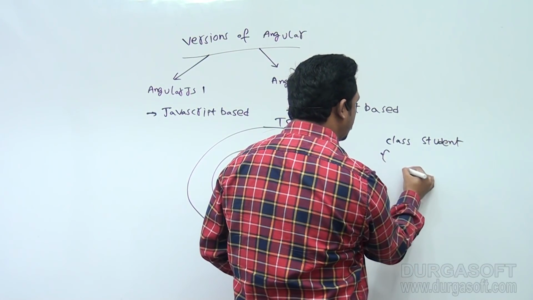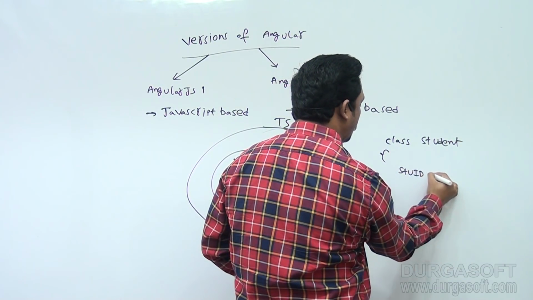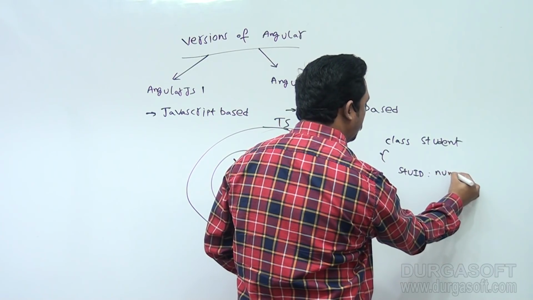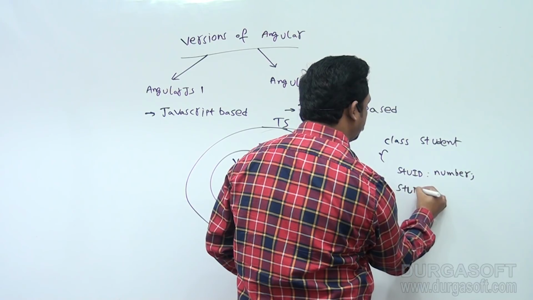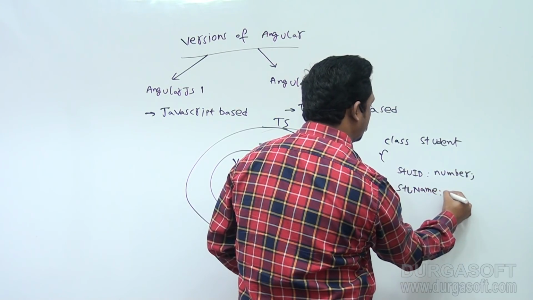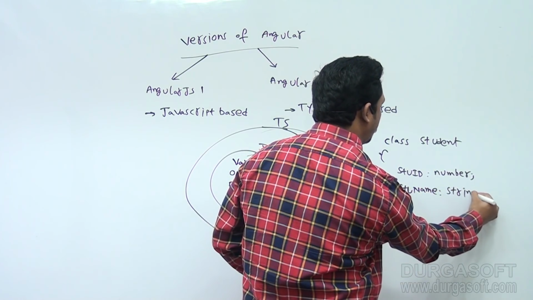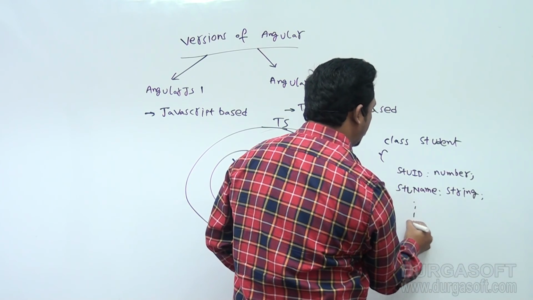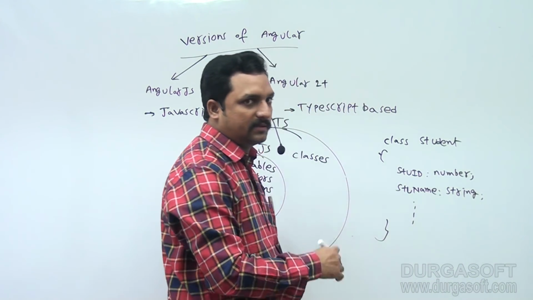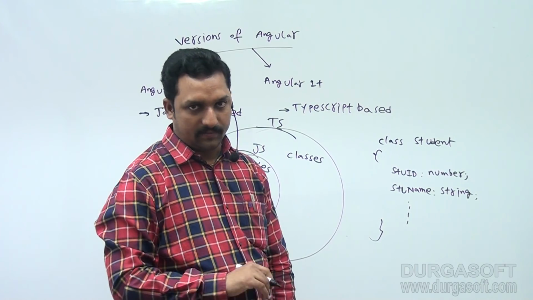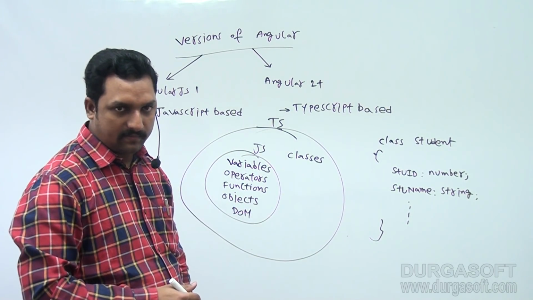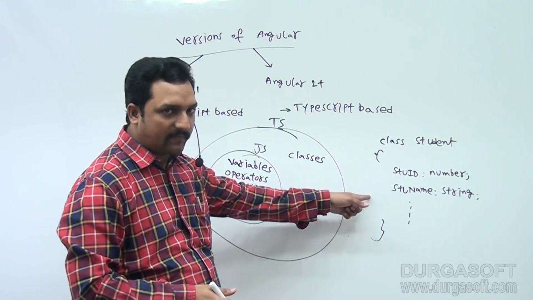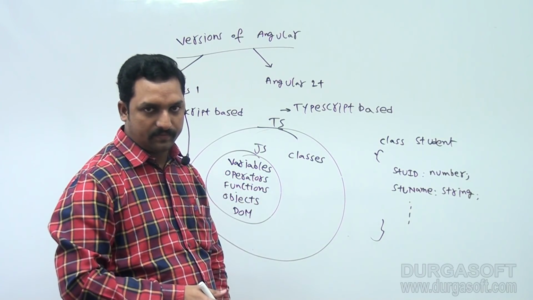We can create student ID, number data type, student name, string data type. Like this we can have marks, email, phone number, whatever. So that's a student class, created in the TypeScript language.